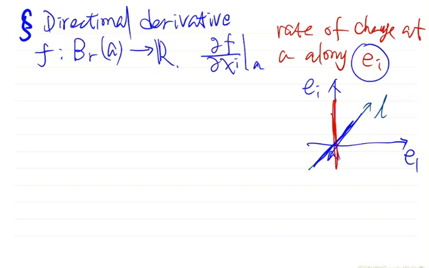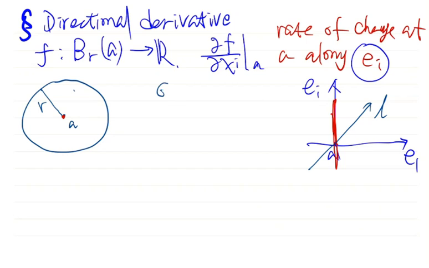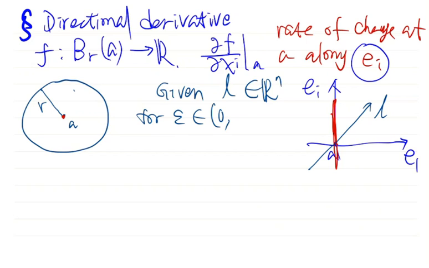So our f is defined in the neighborhood of A, right? Here is A. Our f is defined in this R neighborhood of A. So given L, a vector in R^n, for ε small, how small?